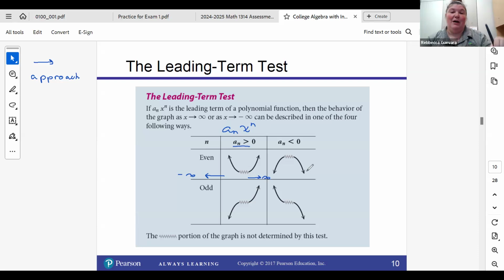If I have an odd power and a positive coefficient, then it's going to be an increasing cubic curve. If it's an odd power but a negative coefficient, then we get a decreasing cubic curve. Like I said, we're not concerned with what's happening in the center of the graph. We're concerned with what's happening out towards infinity, and out there it acts like that leading term. So it takes on the attributes of its power functions.